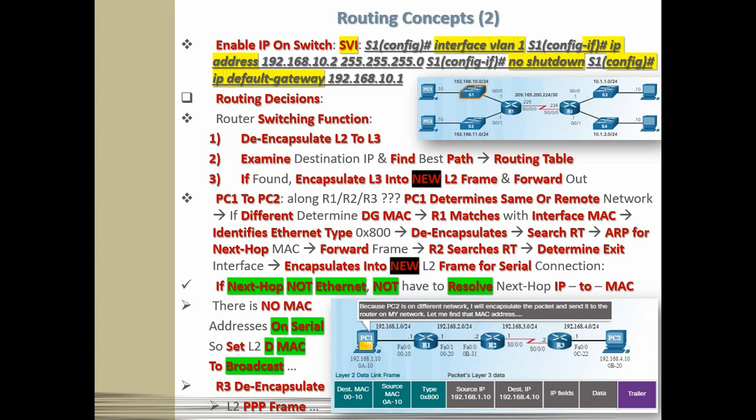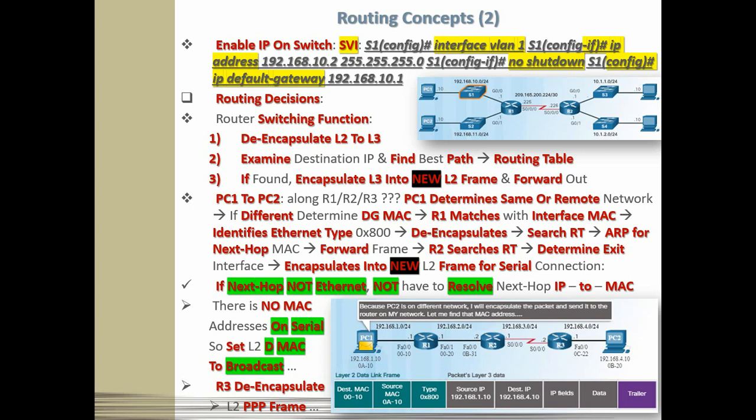What happens as before is that IPv4 packet at each hop needs to be encapsulated into a new data link frame determined by the layer 2 protocol running over the exit interface. So a new data link frame will be formed and will be used by the exit interface, and in this case it will be sent out the serial 0/0/0 exit interface.